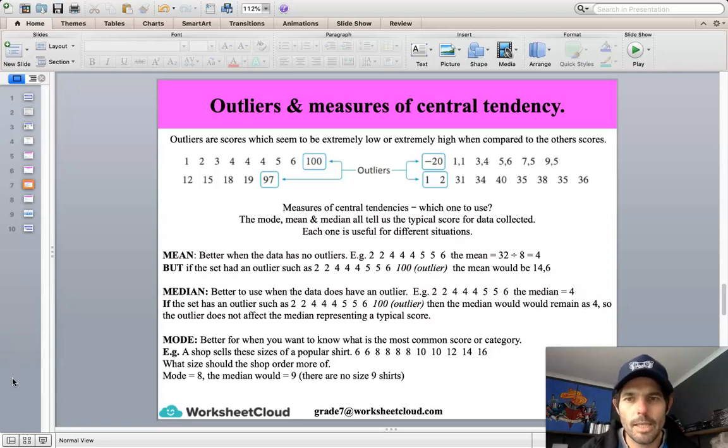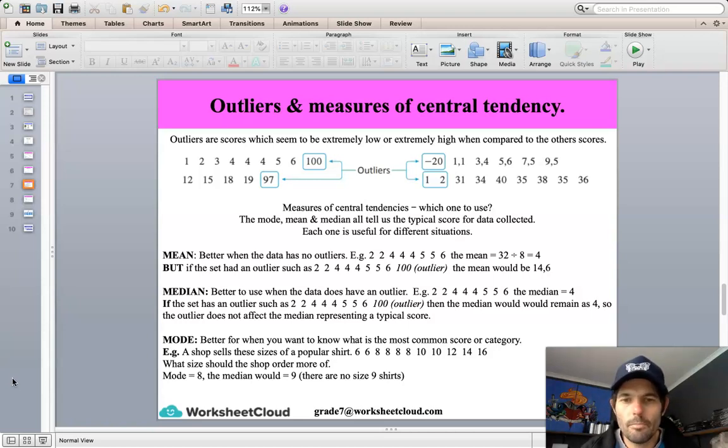of central tendency. Your mode is better for when you want to know what is the most common score or category. Okay, so if a shop sells a particular shirt and the sizes of the shirt are like they are on your screen, 6, 8, 8, 10, 12, 14, and 16. What size should the shop order more of?